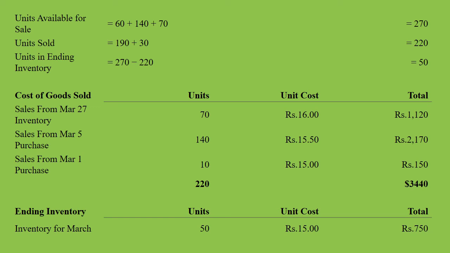We get rupees 3,440. Now what is the balance inventory left, or the ending inventory, for the month of March? We know that the ending inventory is 50 units, and the unit cost is rupees 15, as the 50 units come from the opening inventory value of rupees 15. So you get a total of rupees 750, which is the ending inventory for the month of March.